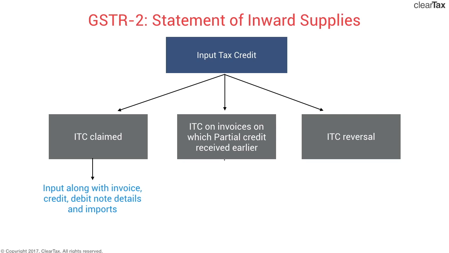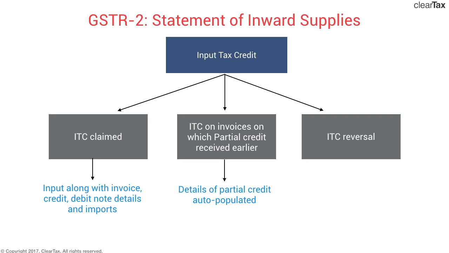Along with those details, we've seen that the recipient has to put in details of input tax credit claimed against each of the documents and imports. The second one relates to partial credit. You've received some invoice in some earlier period and you've claimed a portion, say 60% of the input tax credit you're totally eligible for against that invoice in an earlier period, and now you can claim the remaining 40%.